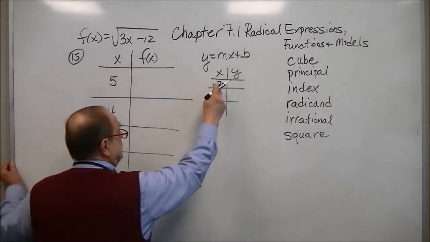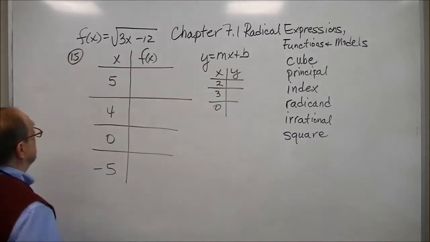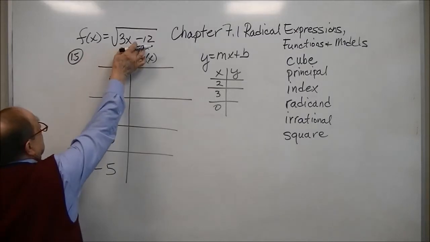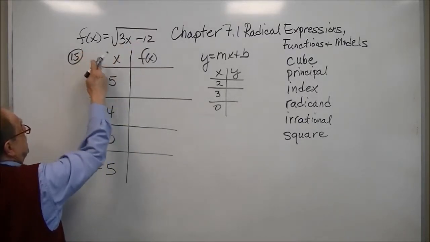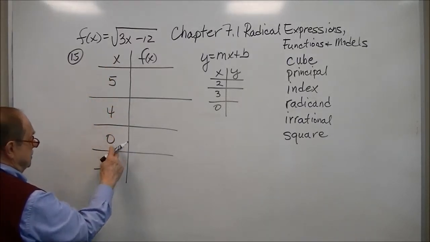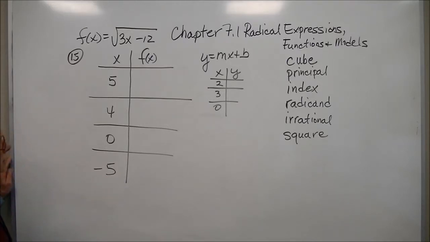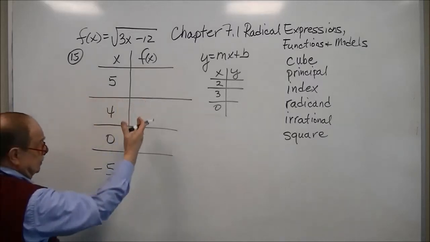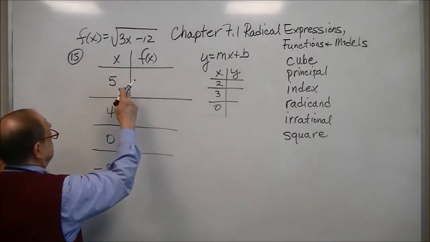Then we just took these values of x and put them into our formula. Well, here they're telling us what our formula is, and they're giving us values for x. It's 5, 4, 0, and -5. So a strategy for doing this, where you can keep your work organized, is to set up sort of a t-chart. So let's check it out.